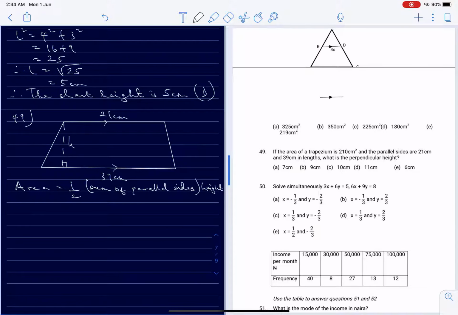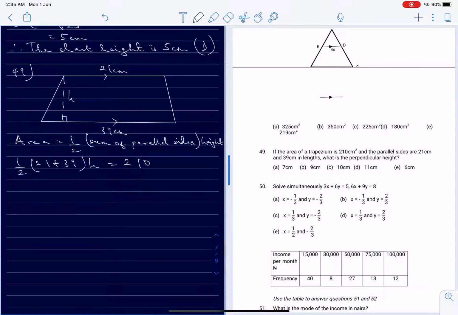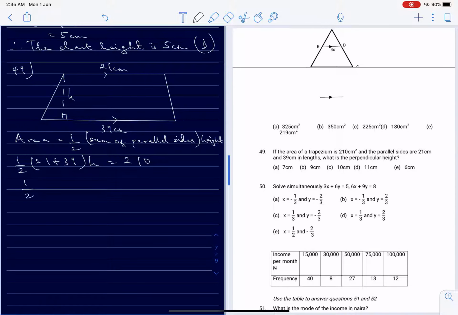And that means 1/2 times the parallel sides, 21 centimeters and 39 centimeters, times height, which is the h that we don't know. So half times 21 plus 39 times h is 210. And that means 1/2 times 60 times h equals 210.